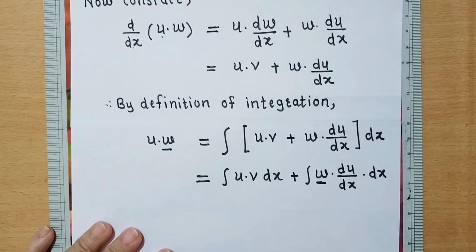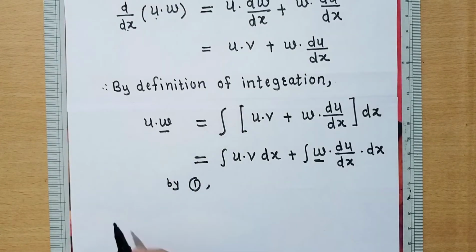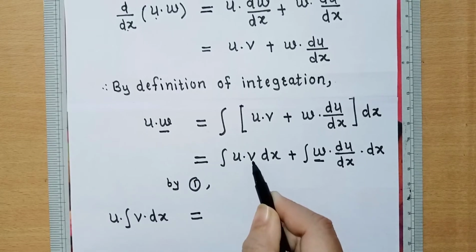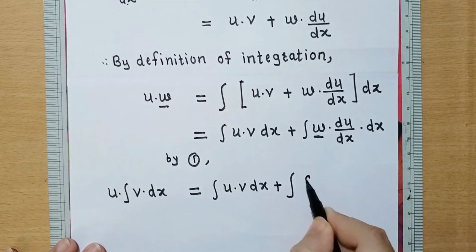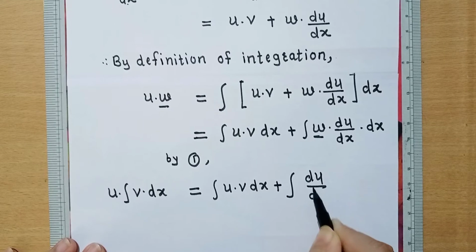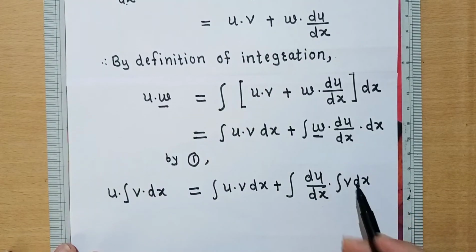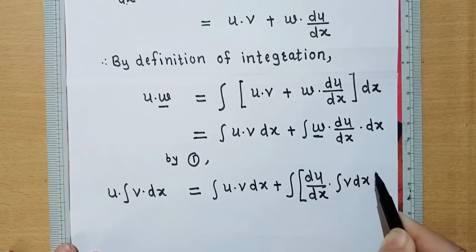So we substitute here. Here also I write u dot the integral of v dx, equal to this term as it is, and here first I write du by dx and then w, and lastly dx.